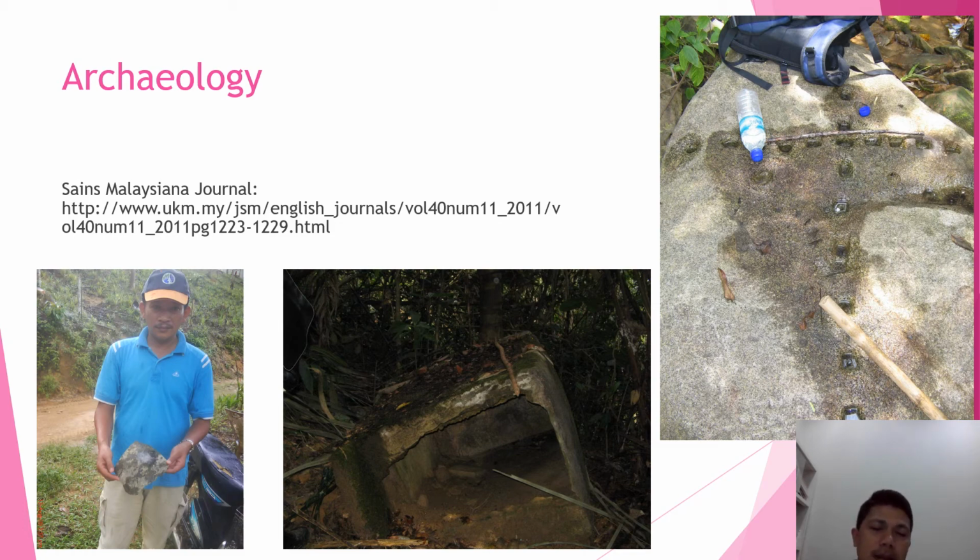And then this is a photo showing one of the boxes that was already stolen. Not sure who took the treasure. This is an example of material inside the box we found last time.